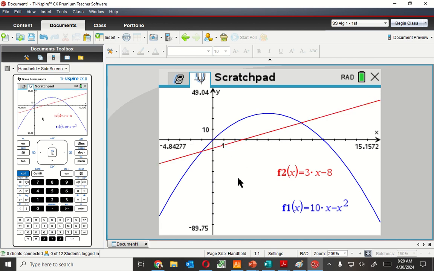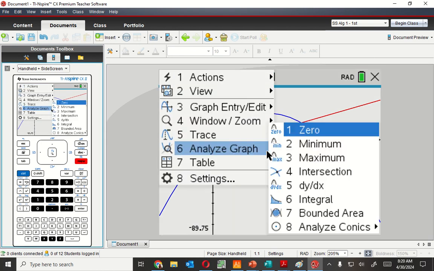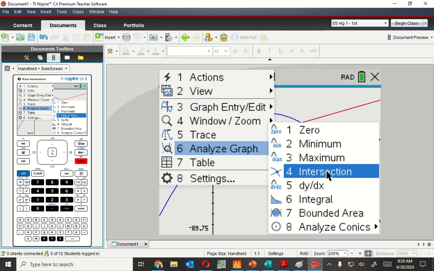So the word enclosed means it's going to be bound in between here and right here. Let's get the calculator to tell me where those are at. Menu, analyze graph, and I'm looking for intersection.